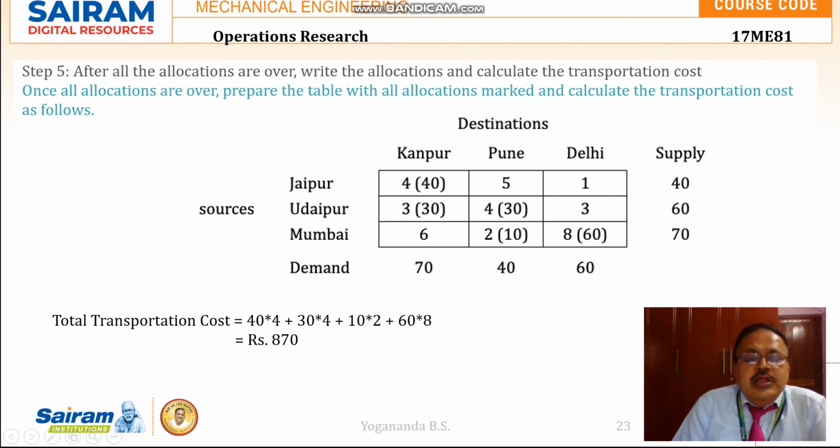So this is how the requirement of mobile phones in these destinations will be fulfilled, and we also make sure that from the production centers Jaipur, Udaipur and Mumbai, all the units will be shipped to one of the destinations. So this is the minimum transportation cost, 870 rupees, of shipping all the mobile phones to the required destinations.